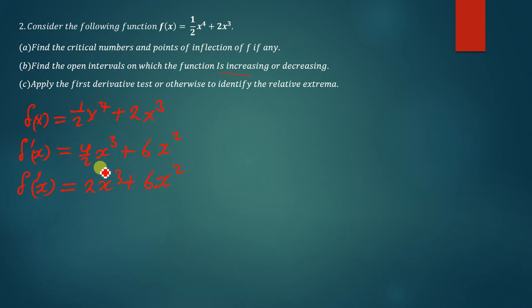Let us now equate this to 0 so that we find the critical numbers. So we have 2x to the power 3 plus 6x squared is equal to 0, that is at the maximum or the minimum.